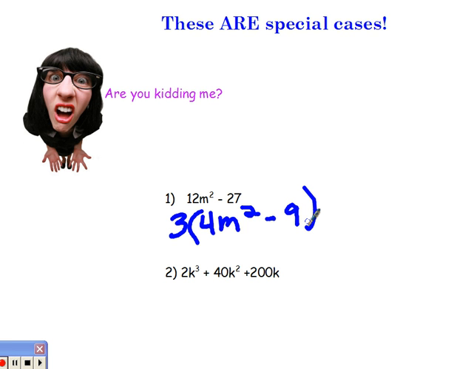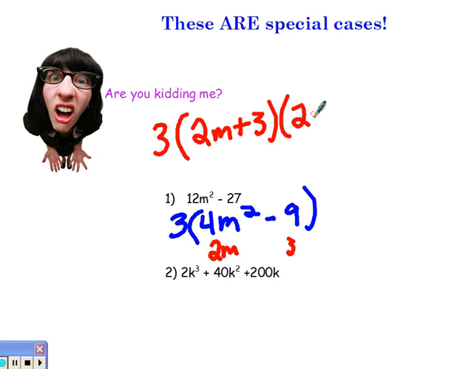Okay, now look what's inside the parentheses. This is a polynomial that is a difference of two squares. Here I'm squaring 2m. Here I'm squaring 3. So I can factor that. So we still have our 3 out front, and it's just going to be 2m plus 3 times 2m minus 3.